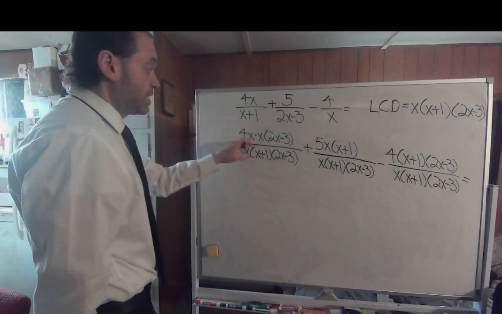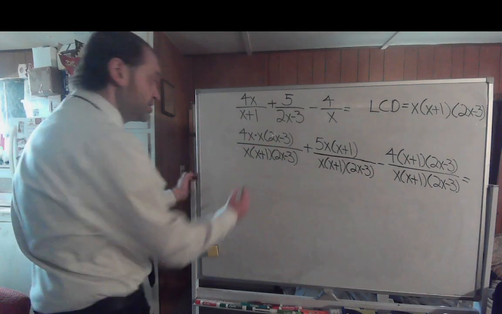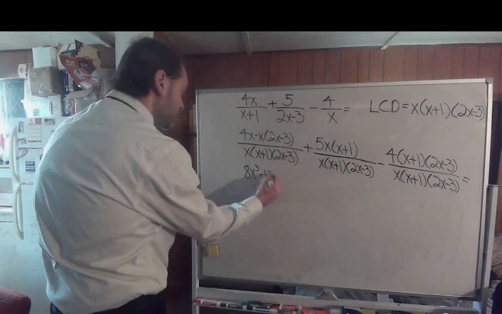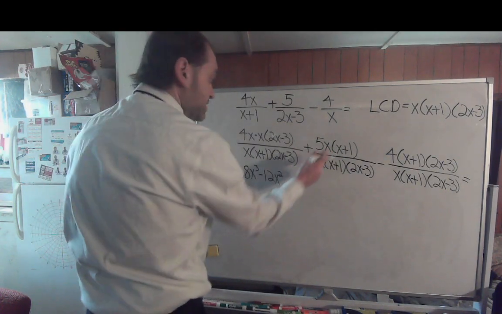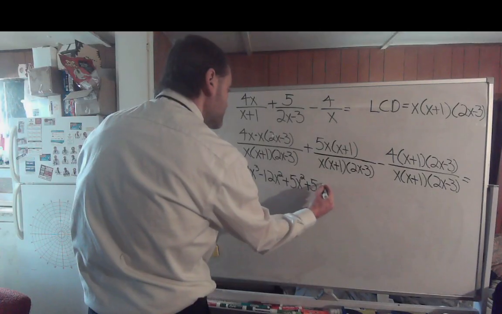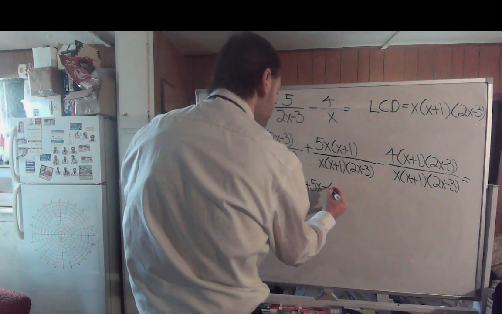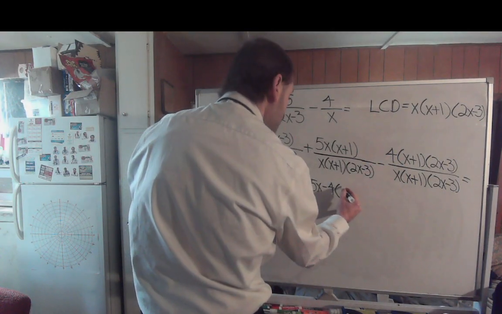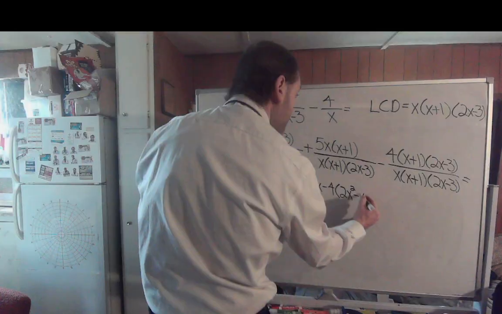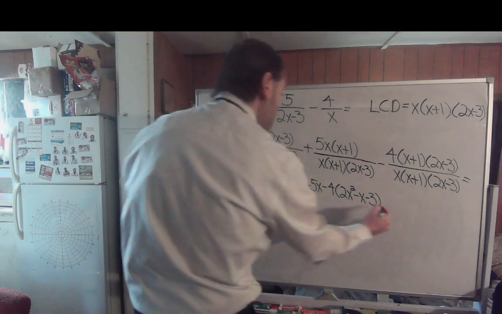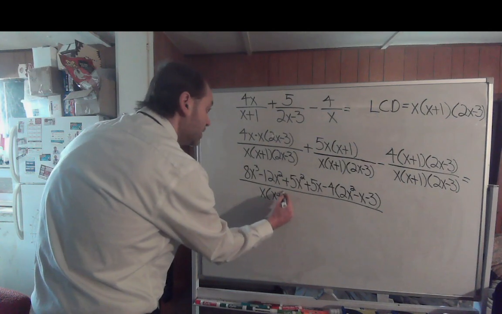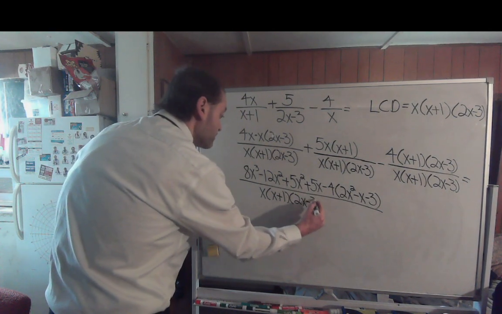So in the first one, 4x times x is 4x squared times 2x. That would be 8x to the third minus 12x squared. And then your second term, this would be plus 5x squared plus 5x minus 4 times (2x squared minus 3x plus 2x minus 3) all over x times (x plus 1) times (2x minus 3).